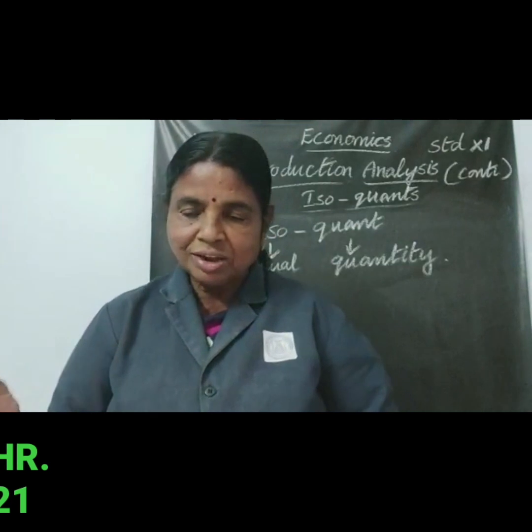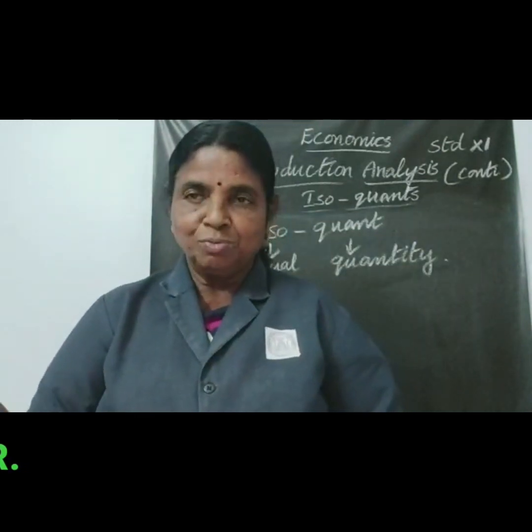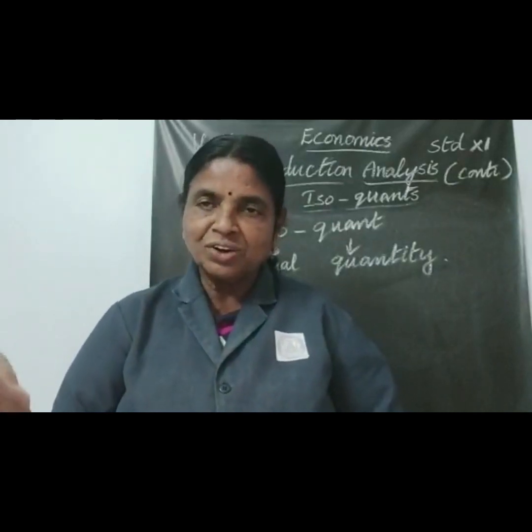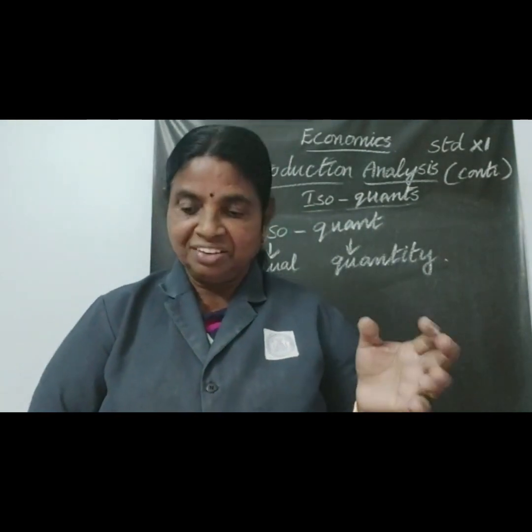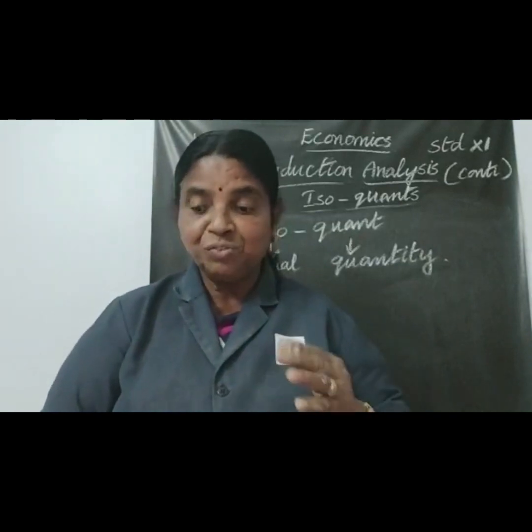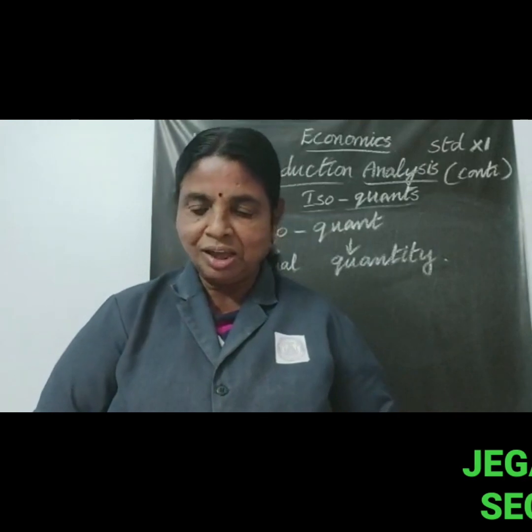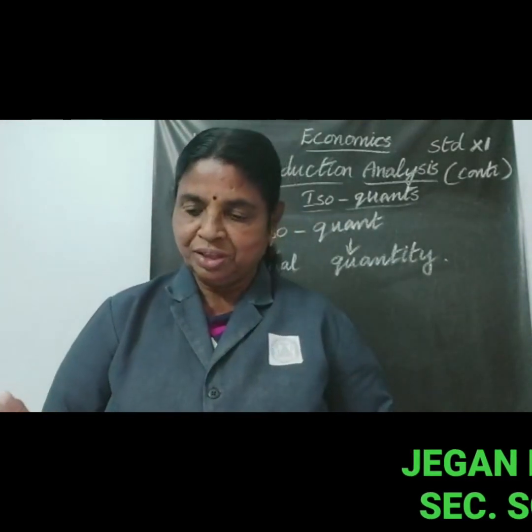So what is an indifference curve? Locus of combinations of two different commodities or goods from which equal satisfaction is derived by the consumer. And here in isoquants, the locus of points representing various combinations of two inputs, capital and labor, yielding the same output.